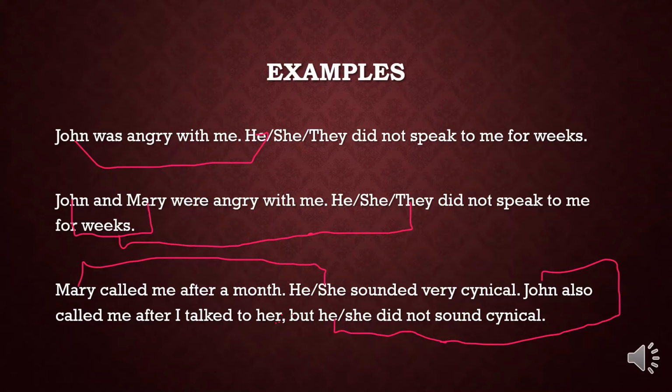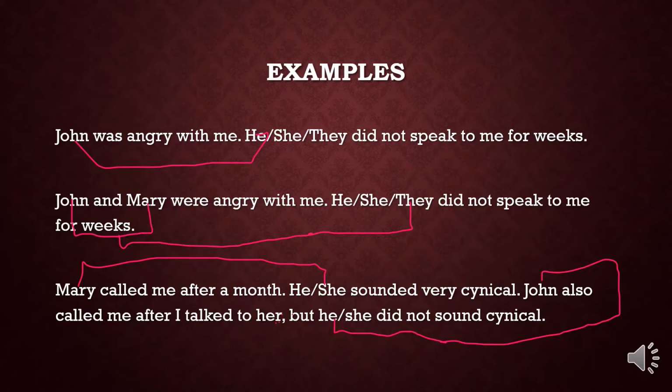In this third sentence here, John and Mary were angry with me. He, she, they did not speak to me for weeks. John and Mary are two people, that's plural, so we have to use they, which refers to John and Mary. And now finally, here's the situation where two characters are used, male and female, at the same time within the same context.